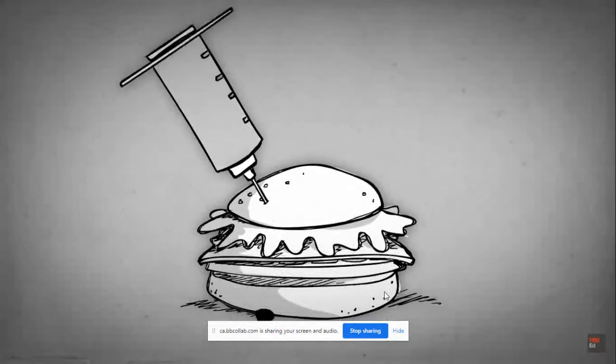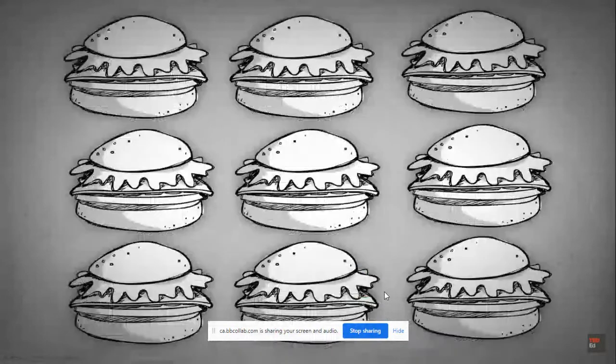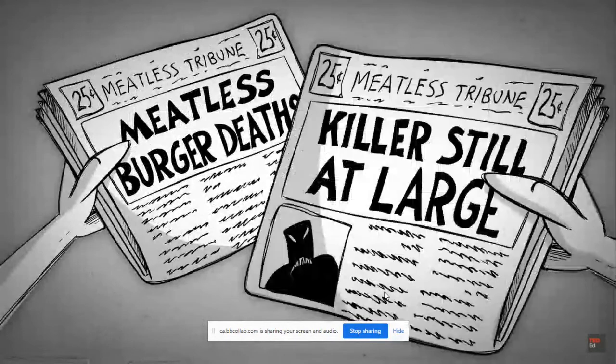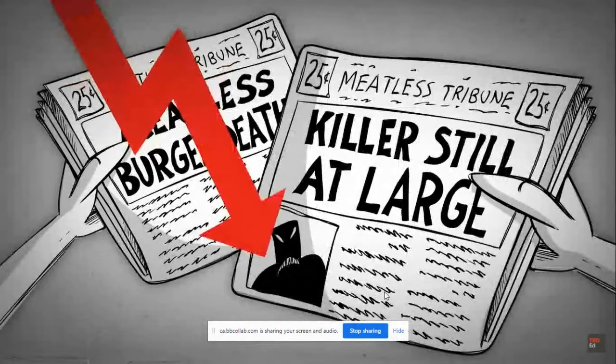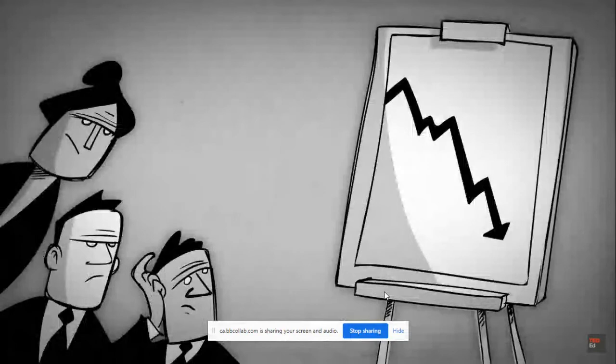The culprit used an ultra-fine instrument that left no trace on the packaging, making it impossible to determine which products were compromised. Your burgers were immediately removed from the 2 stores where the victims bought them. The deaths are headline news. The killer is still at large, and sales have plummeted. You must quickly develop a strategy to deal with the crisis.